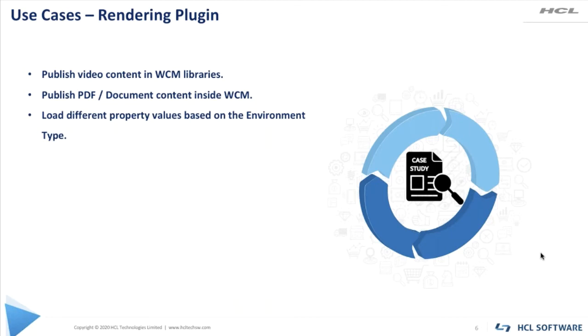The plugin identifies from the environment variables which environment we are running in. Then, based on the environment variable, at rendering time, we can decide which property value to read from the properties file and use that property.